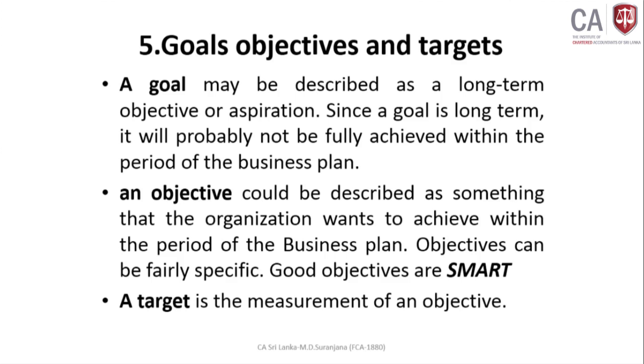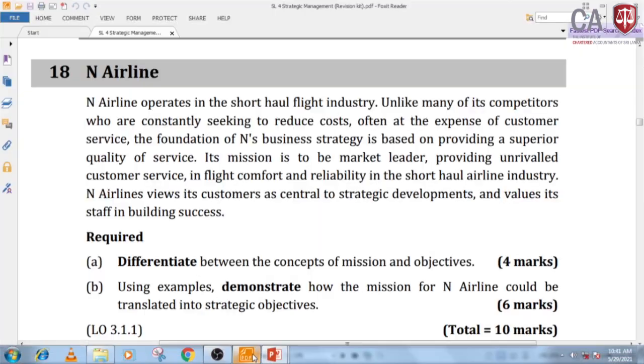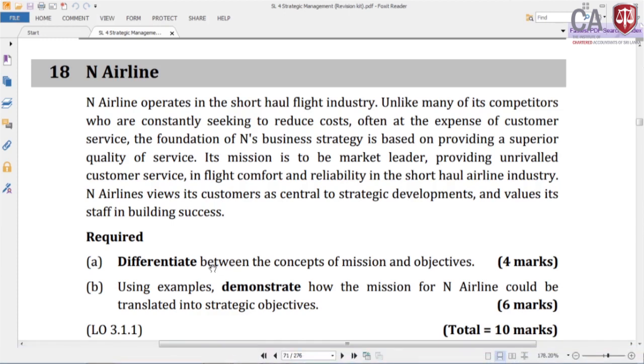Right. So we will look at the requirement in the question. The first thing we have to do is differentiate between the concept of mission and objectives. So how can we differentiate between two concepts, mission and objectives?